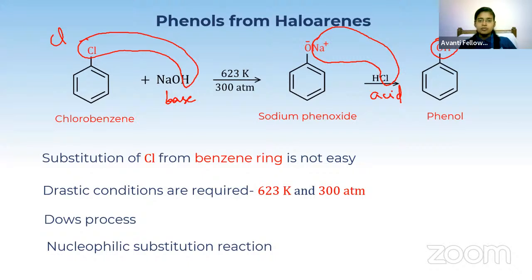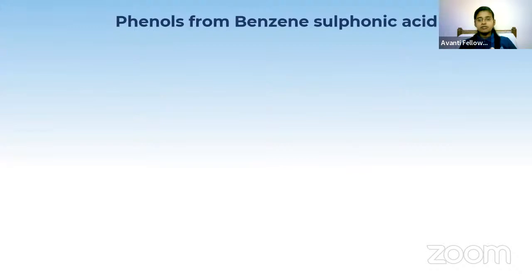Okay, the second method of preparation, thank you so much, dear students. The second method is from benzene sulfonic acid. To prepare the benzene sulfonic acid, we need benzene. First of all, the benzene has to be treated with oleum.